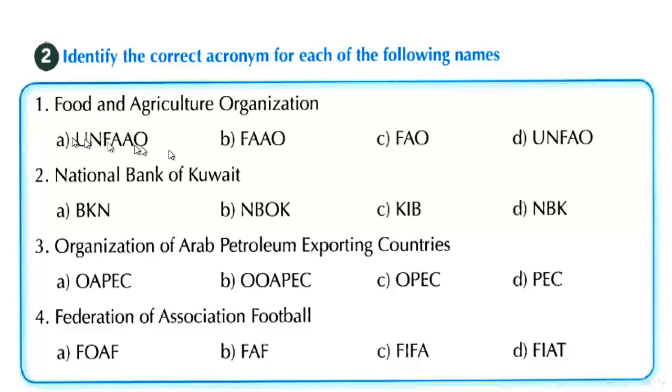So we have 4 choices here. Number A, B, C, and D. Number 2, National Bank of Kuwait. Number 3, Organization of Arab Petroleum Exporting Countries. Number 4, Federation of Association Football.